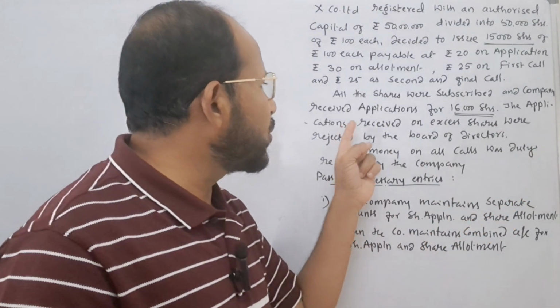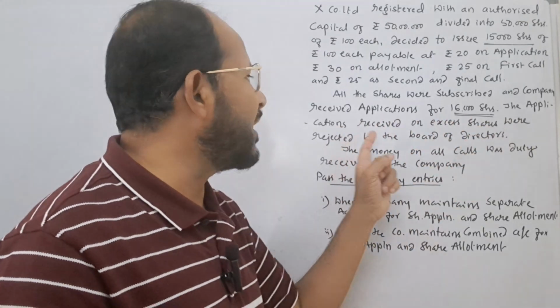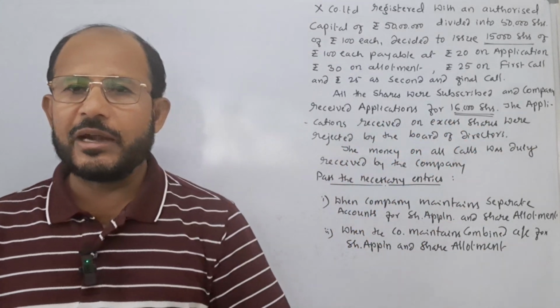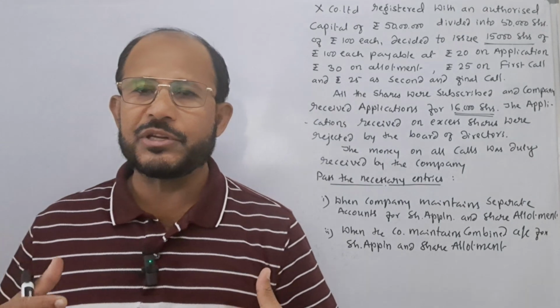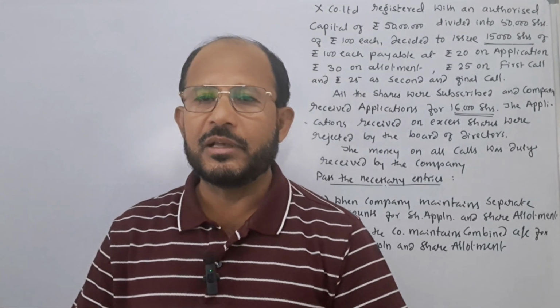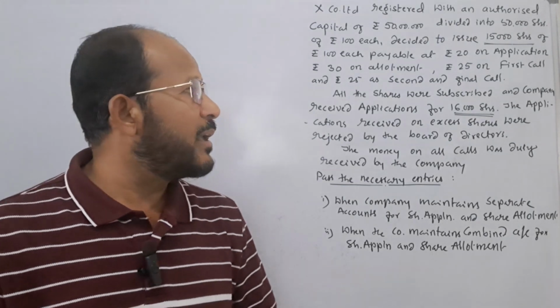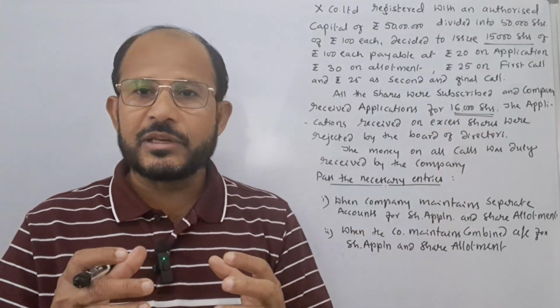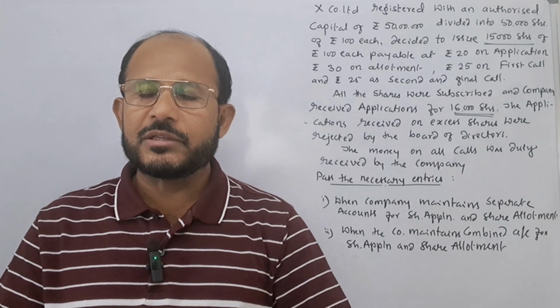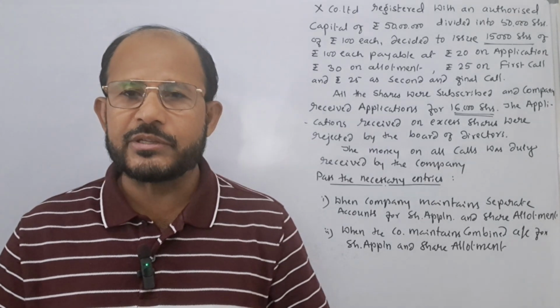The applications received on excess shares were rejected by the board of directors. You know that the board of directors have the discretionary power to reject the shares in case they are not planning to allot. That is why here the demand is there for 16,000 shares, but the board of directors or the company is not going to allot 16,000 shares.